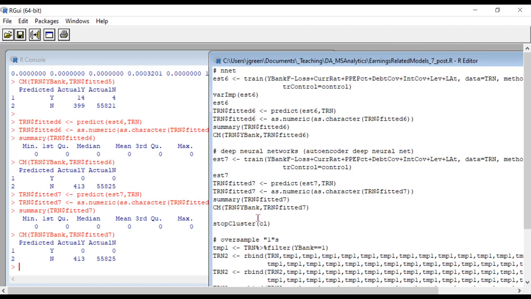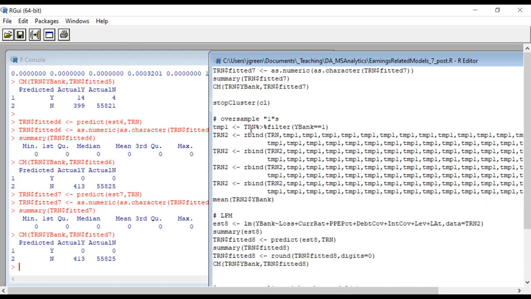If you have lots of bankruptcy observations, now it forces it to say, I don't want to get those wrong either. So it forces a trade-off in terms of how it's going to fit the model. Let me show you how that works. If we're going to oversample, what I did is take from the training data set and only keep observations where the bankruptcy is equal to 1. So run this. I'm calling that temp1.